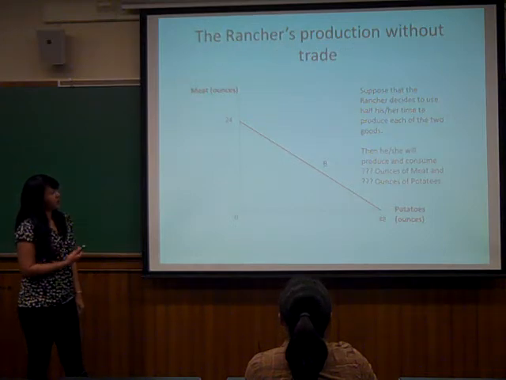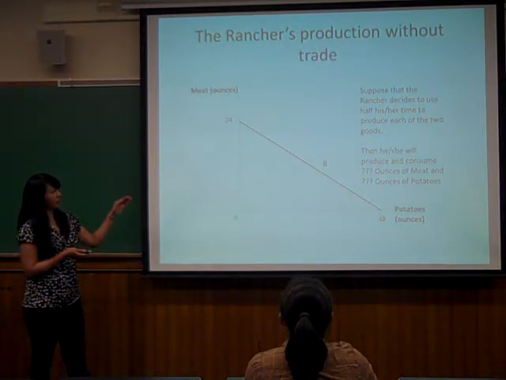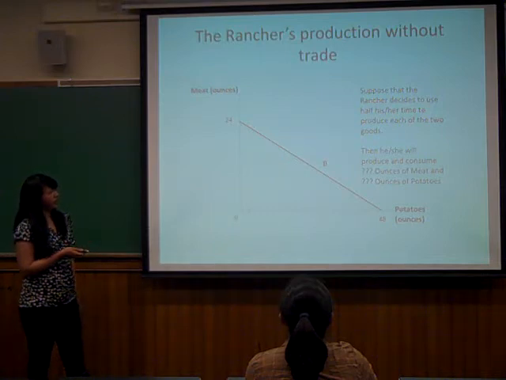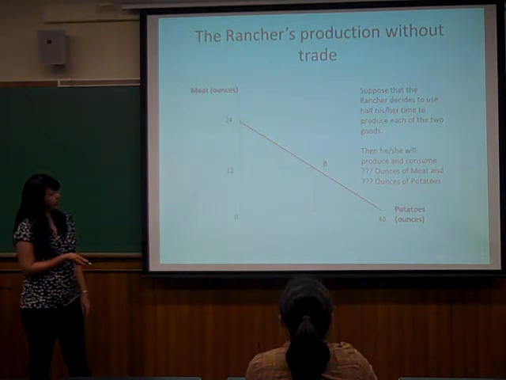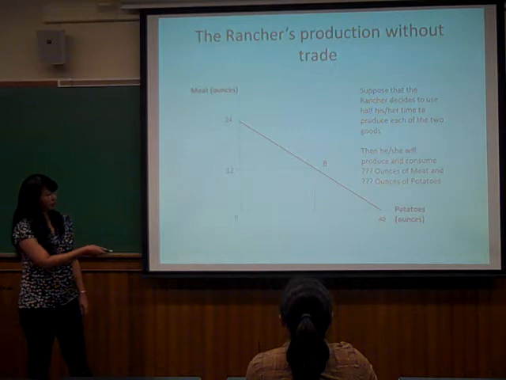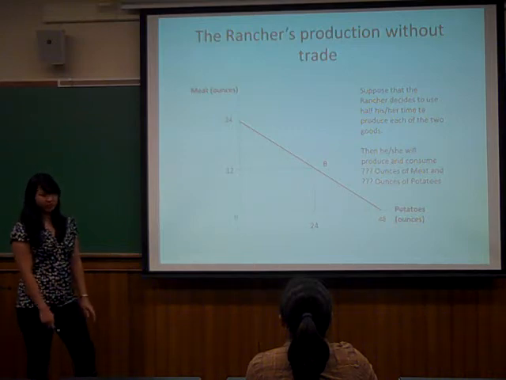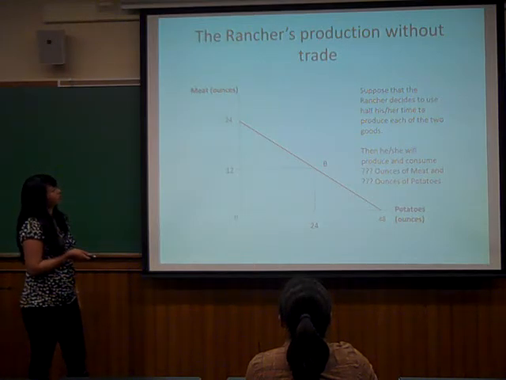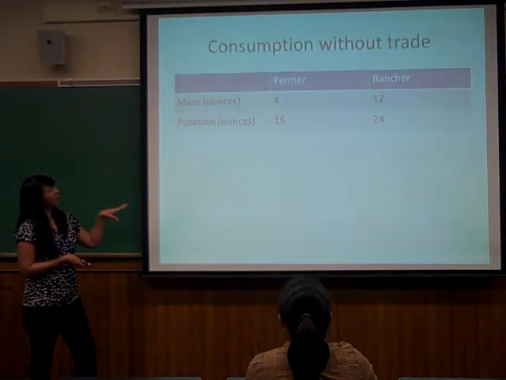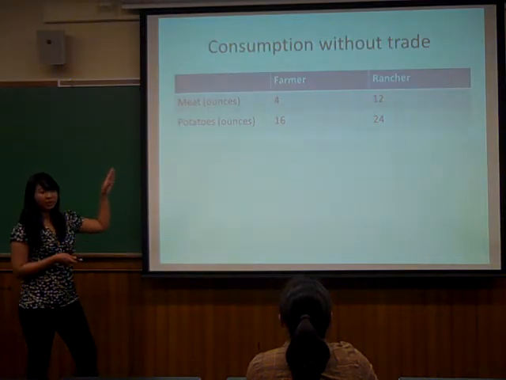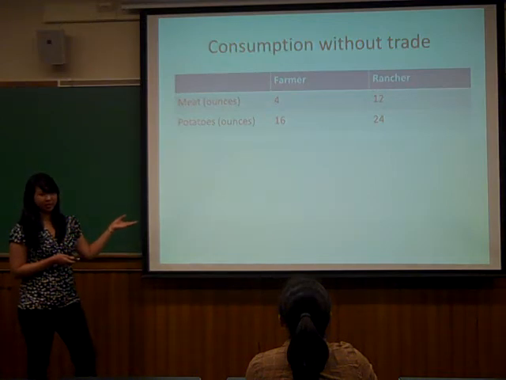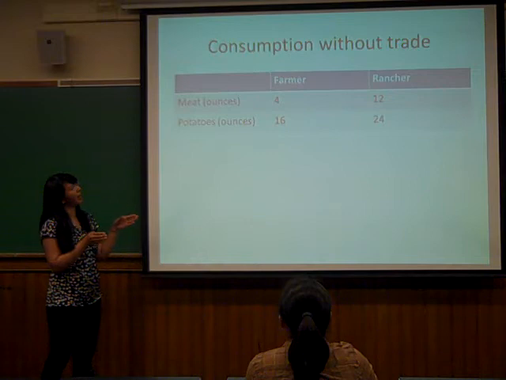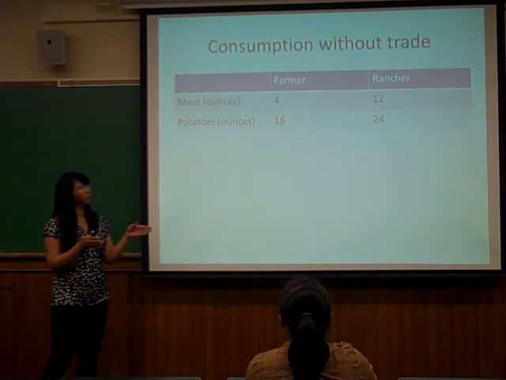If the rancher also decides to use half his time to produce each of the 2 goods, then he will produce 12 ounces of meat and 24 ounces of potatoes. So this is the amount of consumption the farmer and the rancher would have before engaging in trade, splitting the time that they have equally between both goods.